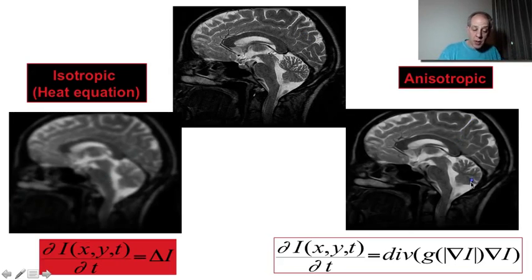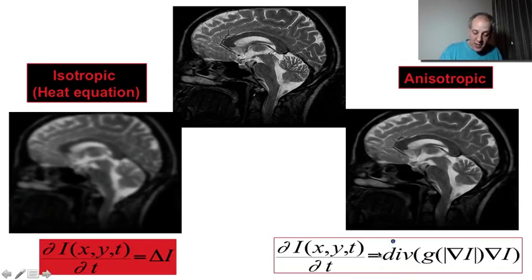The difference between these two: here, marked with the red background, is isotropic diffusion, the heat equation. We actually already talked about it, but we are going to derive it in the next slide using calculus of variations. Here we have anisotropic.